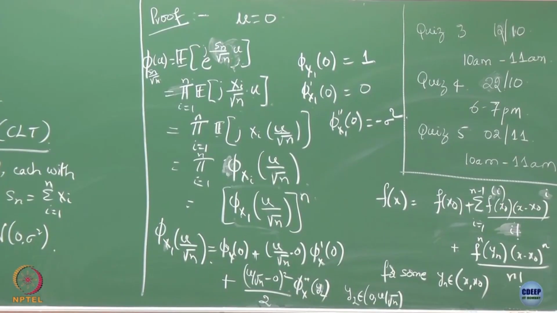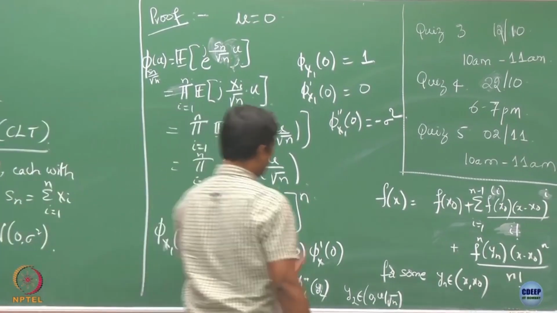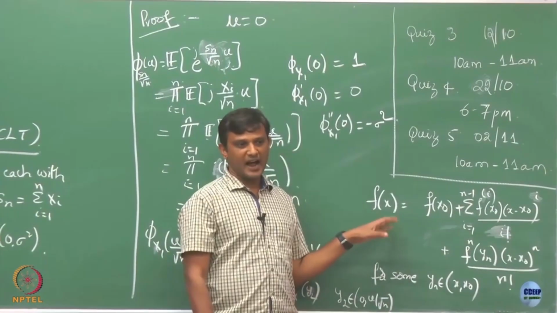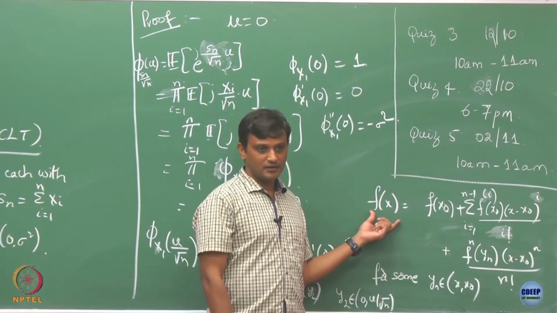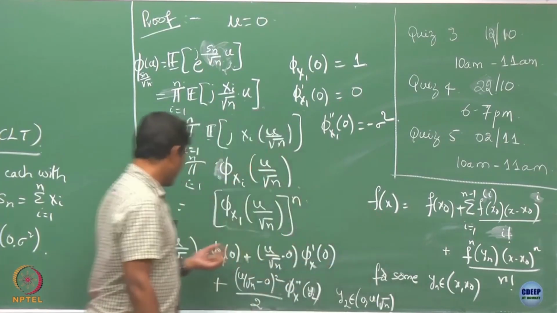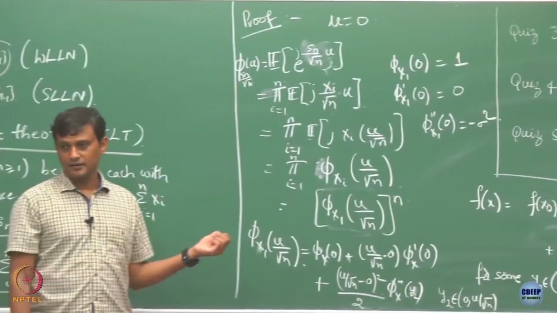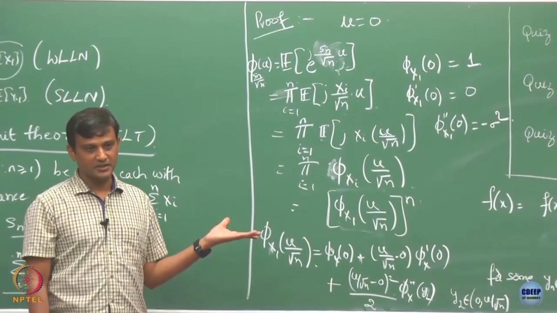So when I wrote this Taylor series expansion, I expanded it assuming that my function f is real. But here my phi function could always be real, or it could be complex as well.